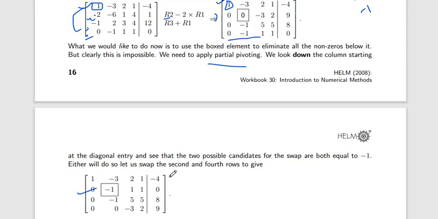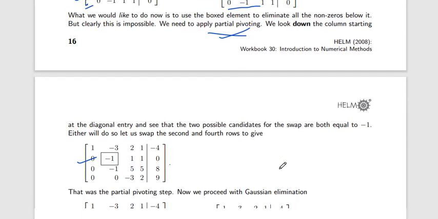The fourth row will become the second row, 0 minus 1 1 1 0, and the second row will become the fourth row, 0 0 minus 3 2. This is the partial pivoting. So the diagonal value is 1, much larger than the elements below.